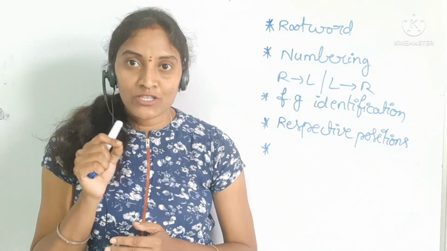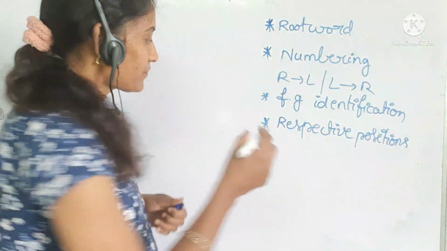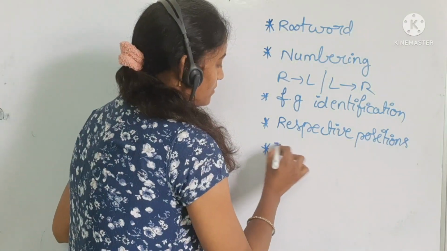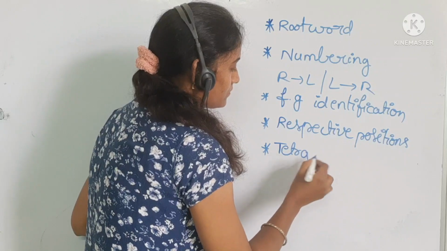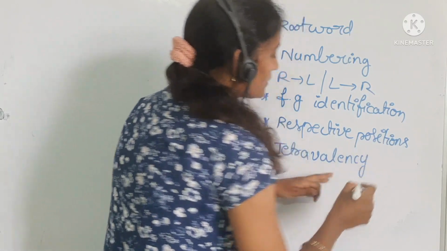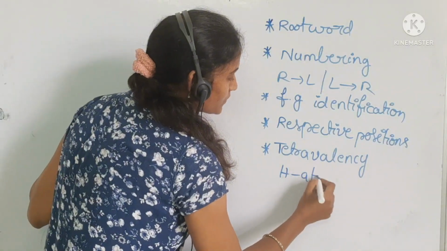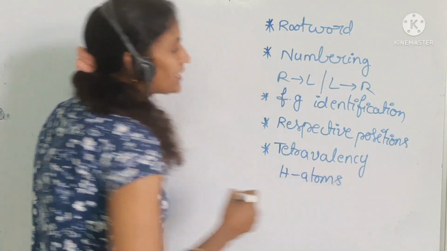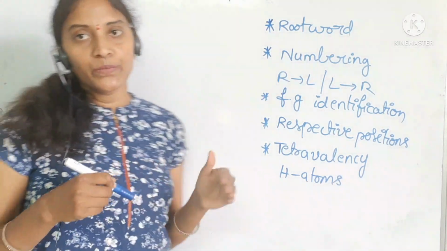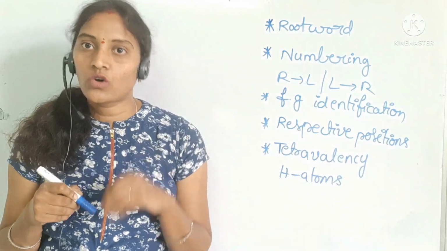Tetravalency of a carbon atom is satisfied by attaching hydrogen atoms. Okay. These are the 5 steps you have to remember while writing the chemical structure of an organic compound.